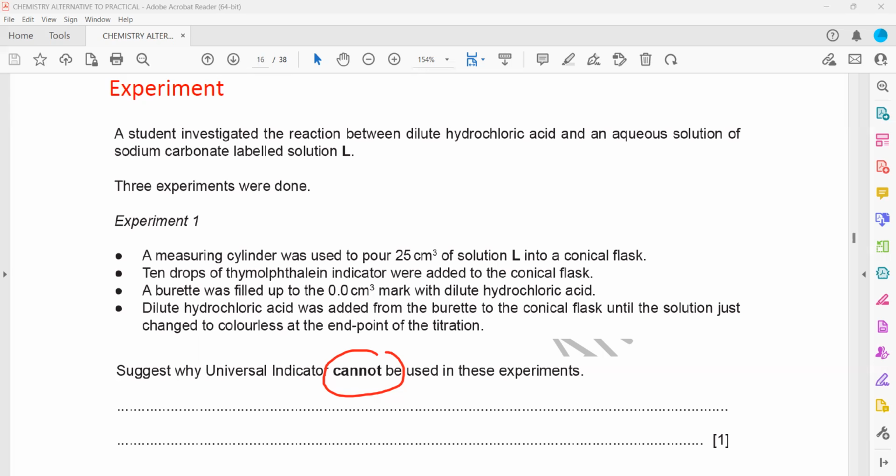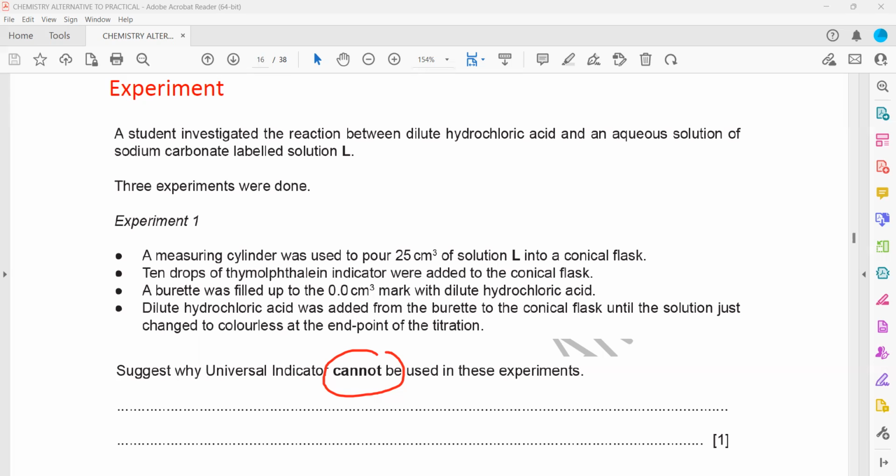For example, say the solution was acidic: first it will be red, then it turns orange, then yellow, then green, then blue, then violet or purple. So there are a lot of color changes in between during the experiment, which will be hard to identify.